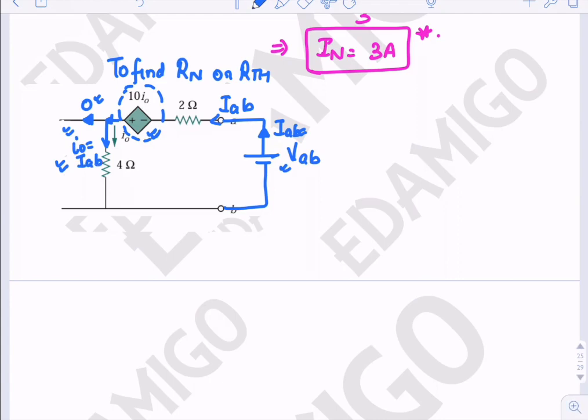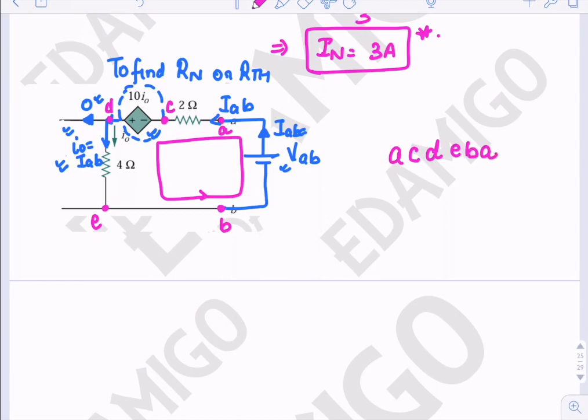So let's apply KVL in this loop. So this is B, this is A, this is C, this is D, E. So A, C, D, E, B, A.